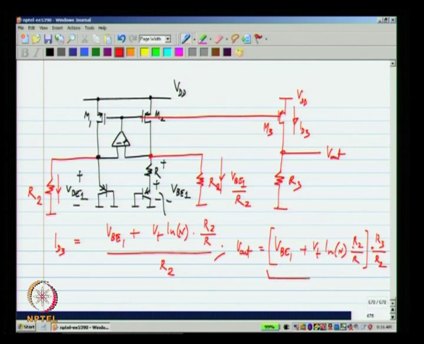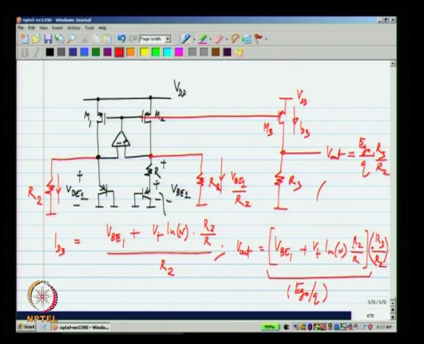So, if this R2 by R is adjusted correctly, the term in brackets will be the extrapolated band gap voltage Eg naught by Q. And if we set this R3 by R2 ratio to be smaller than 1, what we get here will be a fraction of the band gap voltage.